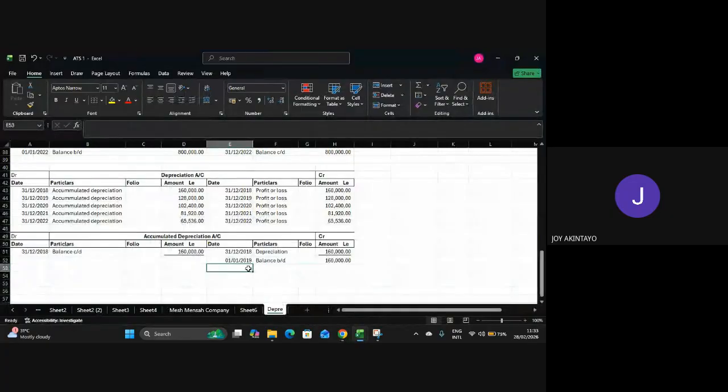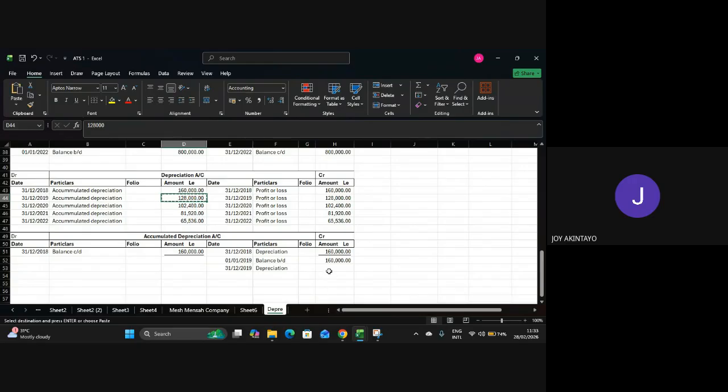So depreciation for the next period, you just bring your date here. The depreciation is going to the depreciation account. Then how much? 128,000. So you add together.